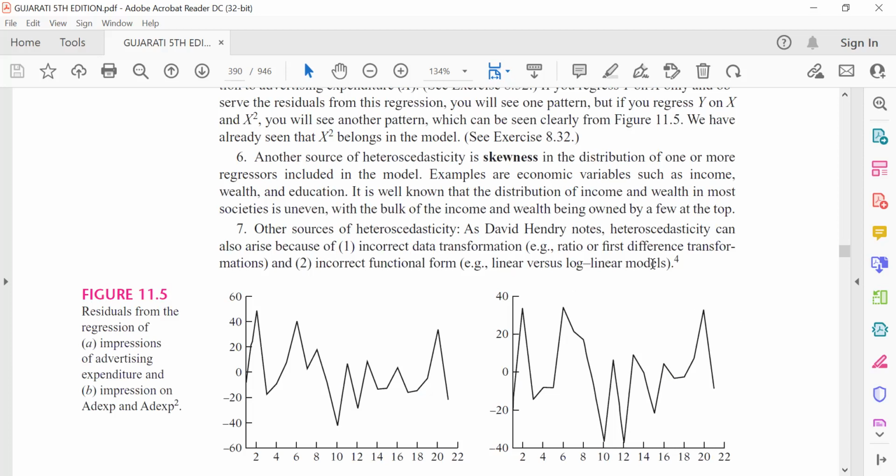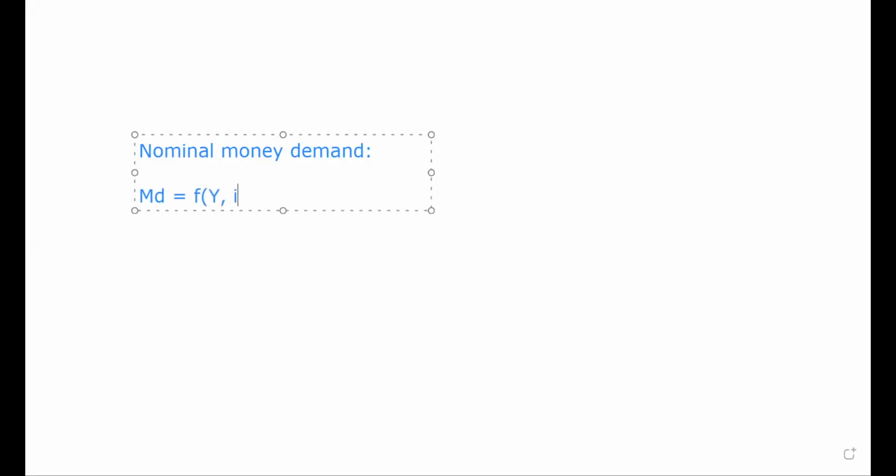For example, if we have to make a ratio, a difference transformation. Here, for example, this is nominal money demand. Our model for nominal money demand is a function of income, interest rate, and price.